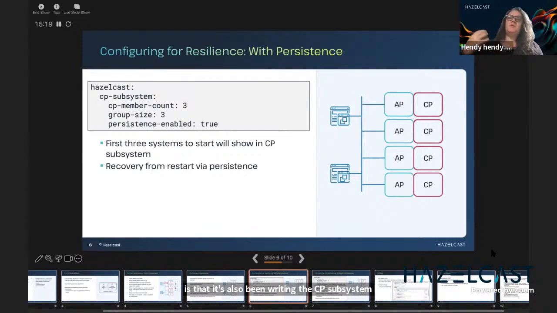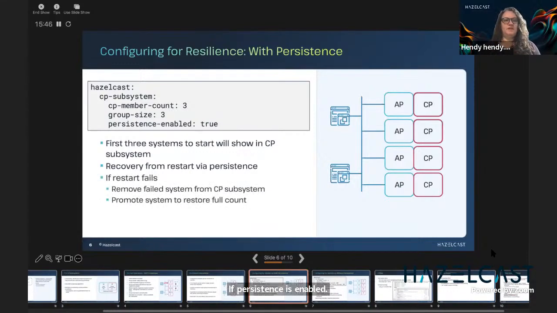When it boots up, it can pull the knowledge that I'm a member of the group back into memory when it starts back up. When that happens, it can automatically rejoin the group. It's as if it was partitioned away. So we can recover not just from a network partition, but from a cluster member restart if persistence is enabled.